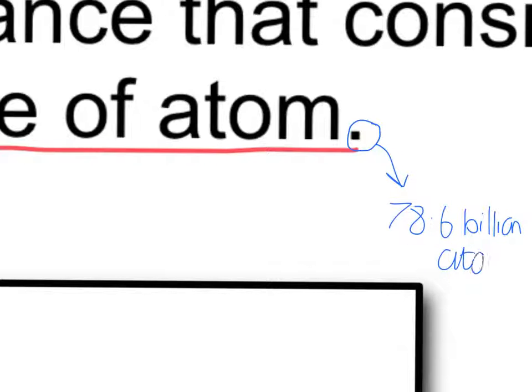That means in this tiny full stop, there is 78.6 billion atoms in that. So atoms are really, really tiny, but they are what makes up absolutely everything in this world.